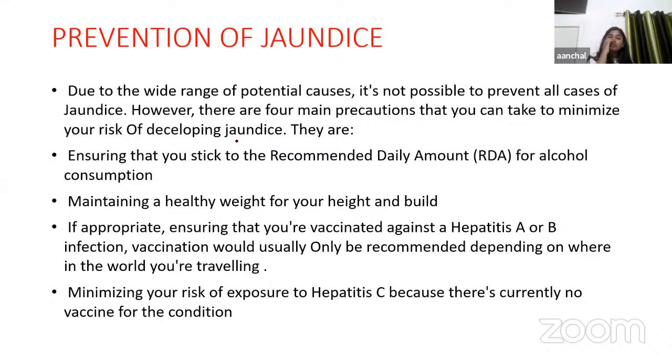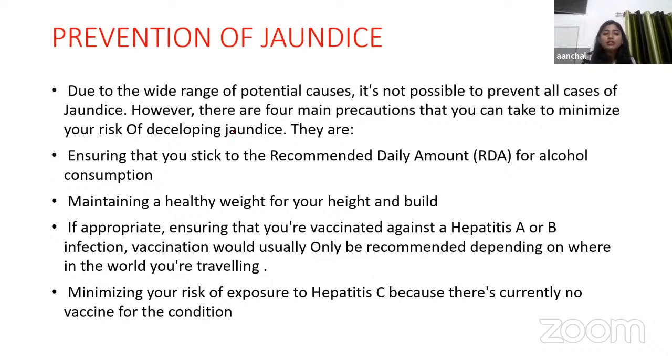Then what can be the prevention of jaundice? Due to the wide range of potential causes, it's not possible to prevent all cases of jaundice. There are four main precautions that can be taken to minimize the risk of developing jaundice.